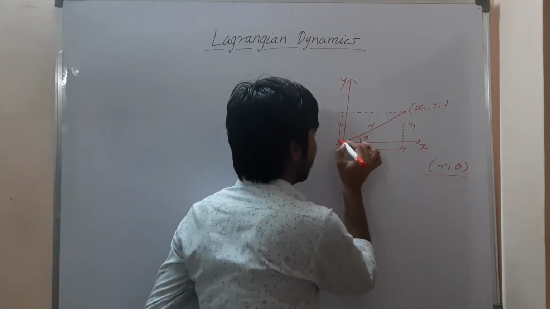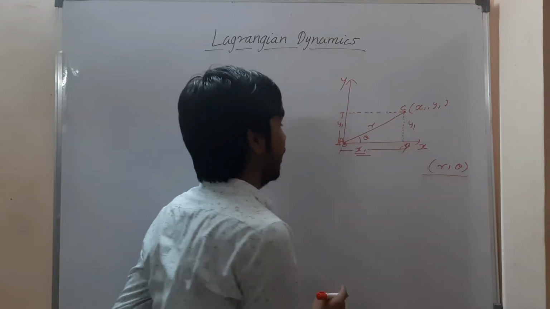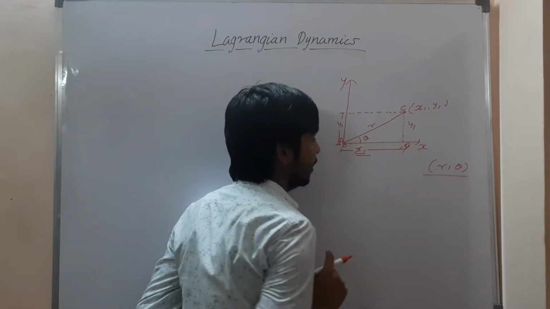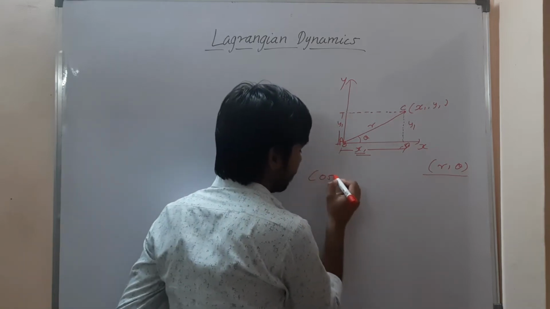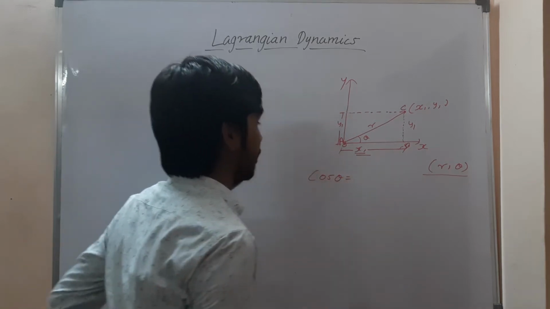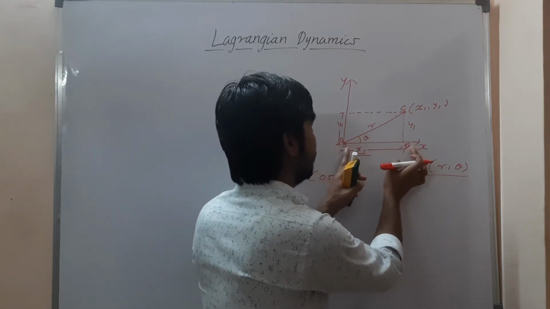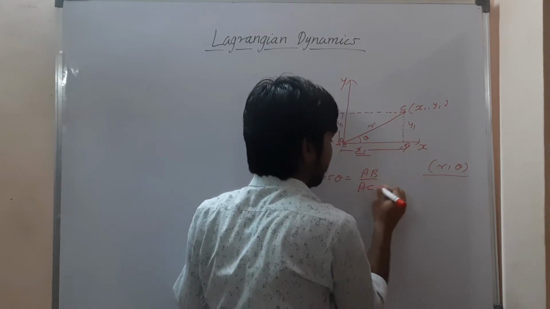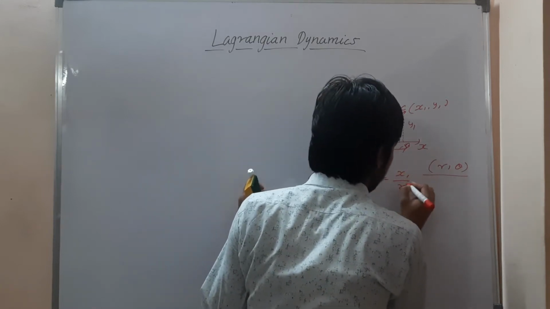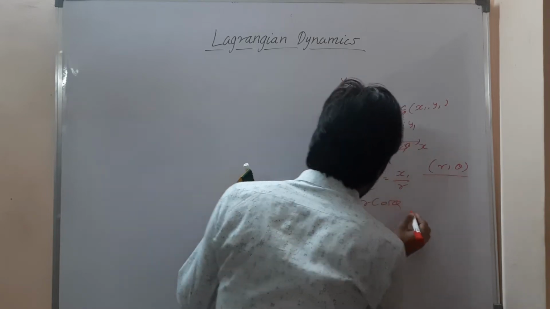If I take a triangle ABC, and this angle is theta, then cos theta is AB divided by AC. That is nothing but x1 divided by r. So x1 is equal to r cos theta.